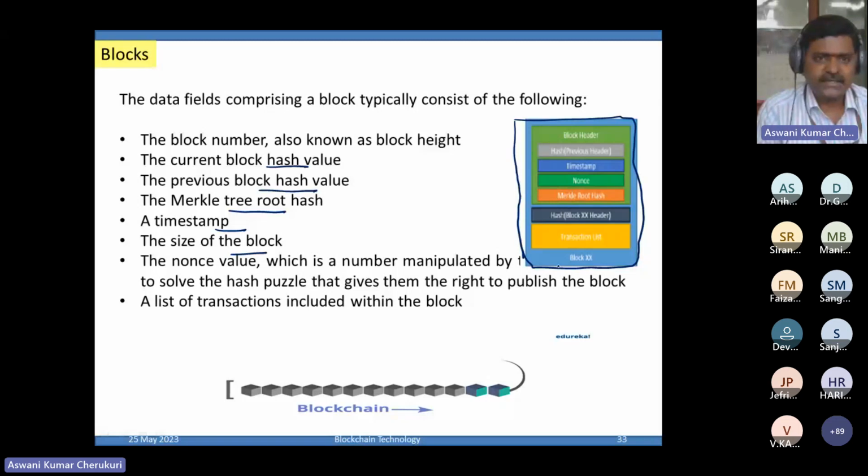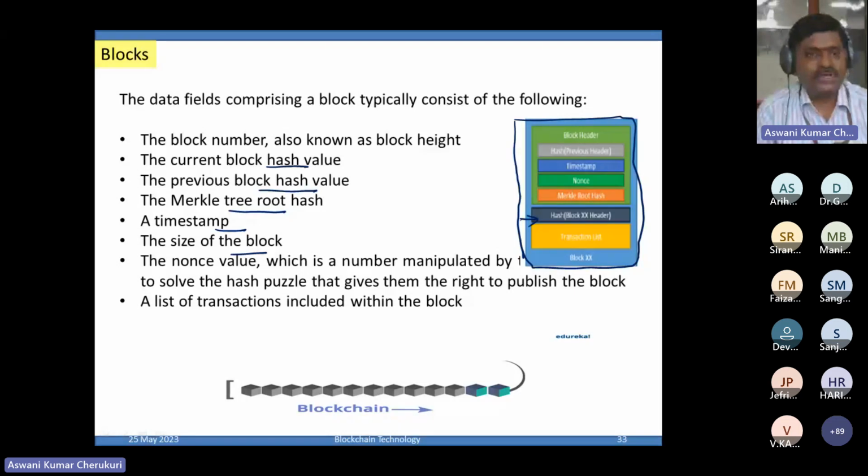You can see that there are certain transactions, and you can also see that the hash of the transactions is also there. So when you have a variable number of transactions, the hash of the transactions is created. Once you create the hash of the transactions, remember you can't change it, because as we have discussed, changing the hash value requires changing the transactions.